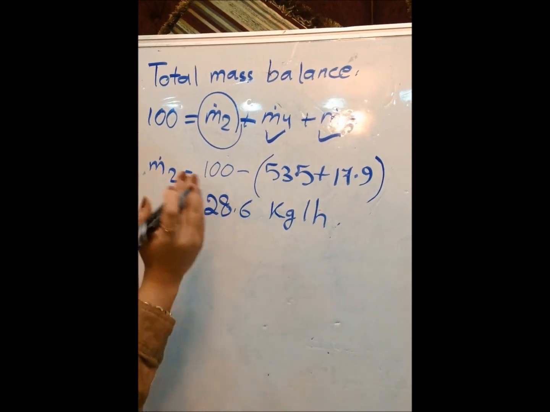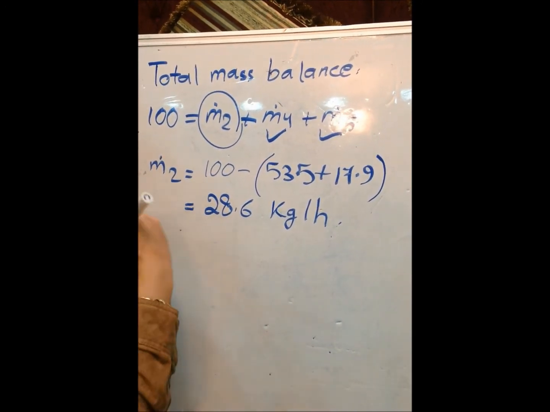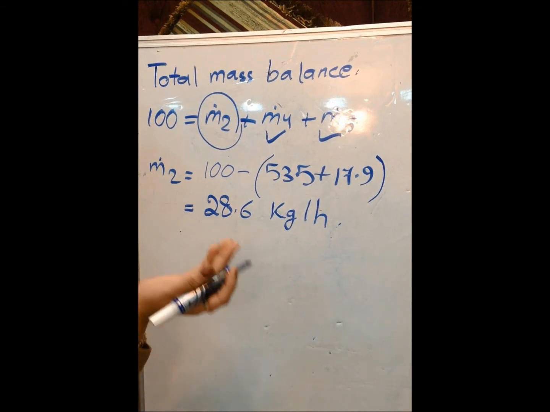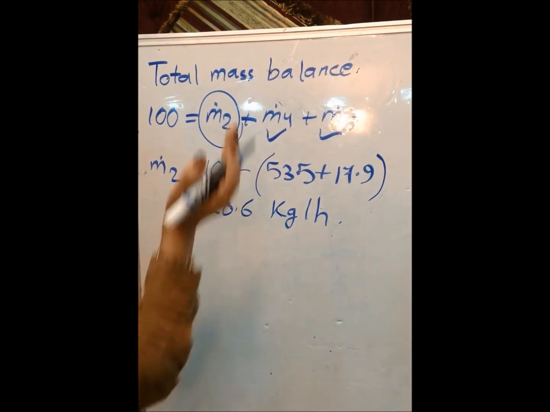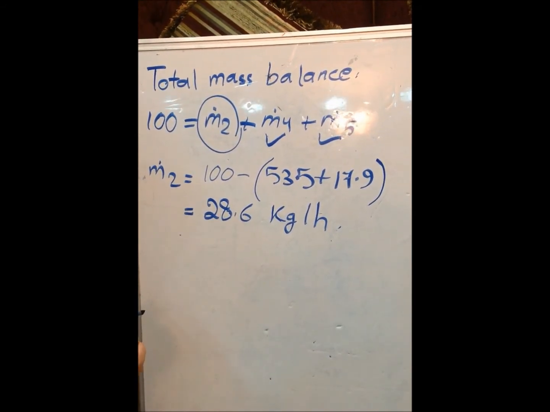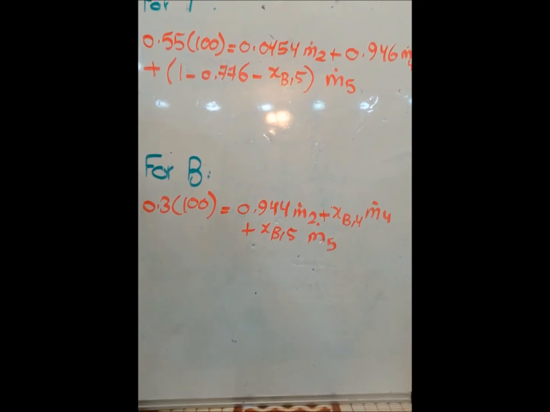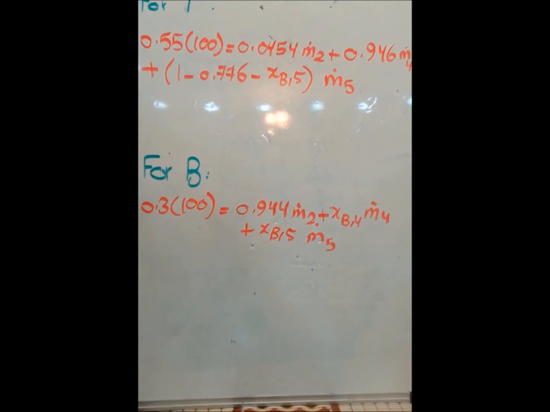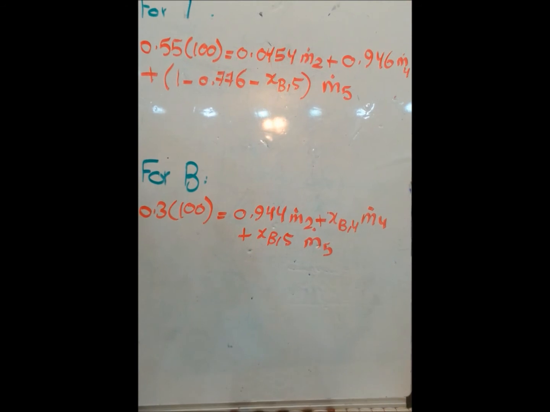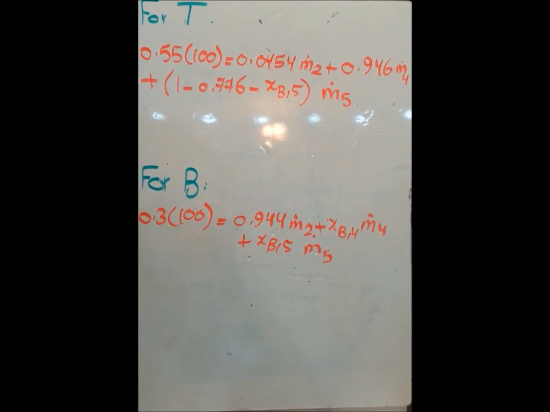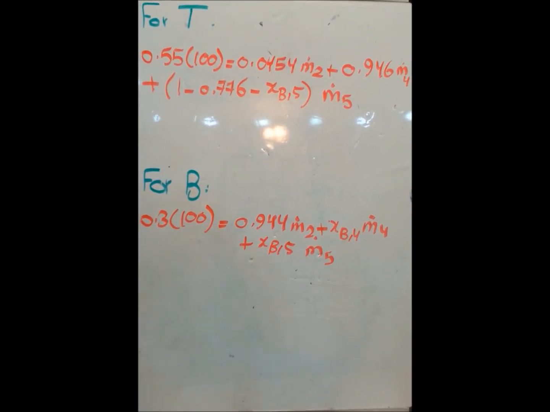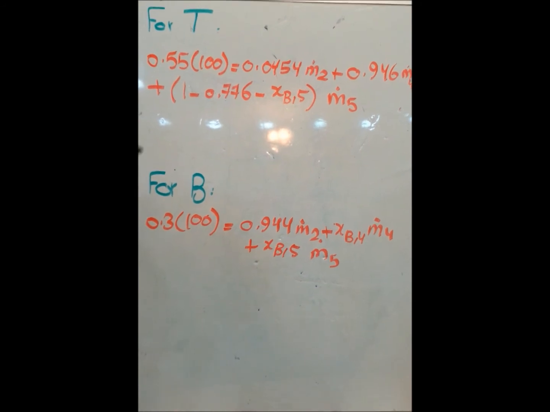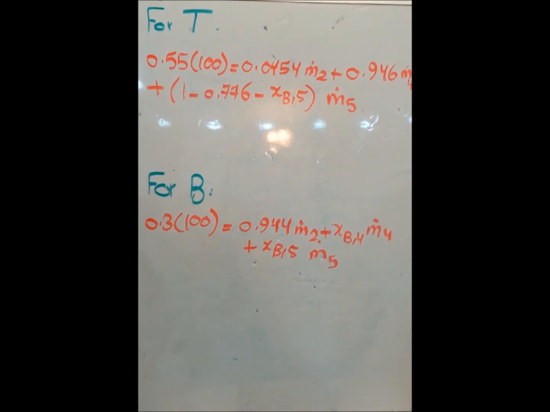So after this step, we have now found the mass flow rates of all streams. So now we can find the compositions referring to our component mass balance for each component. Finally, after finding all the mass flow rates for all streams, we can go back to the component mass balance for the toluene and benzene to find the composition of the benzene in the fourth and fifth streams.